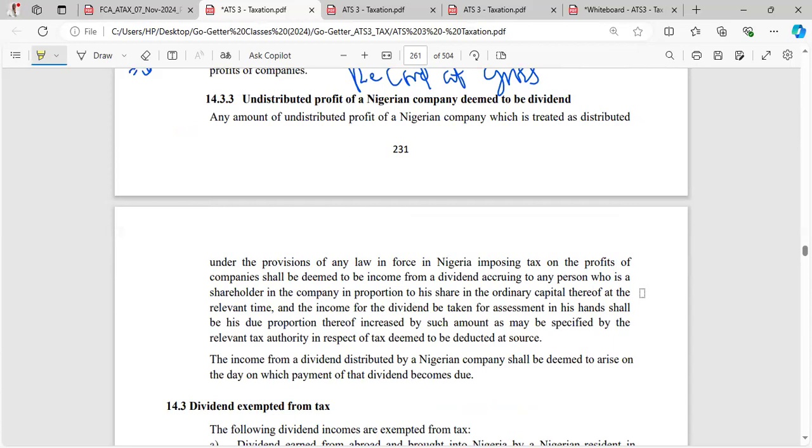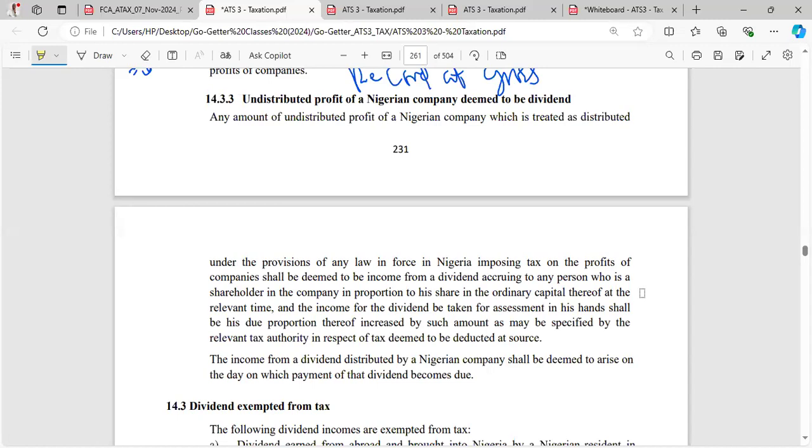Let's say you have 100 million naira as profit, right? And you told yourself that there is a policy of reserving, let's say 30% or 40%. Let's say you reserve 40%. That means out of 100 million, you reserve 40 million in your reserves.